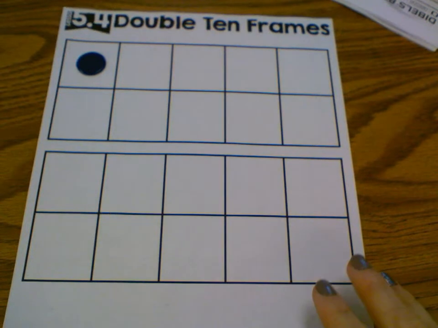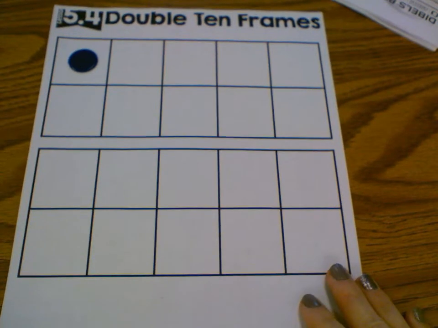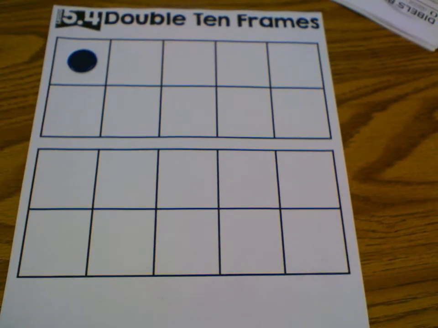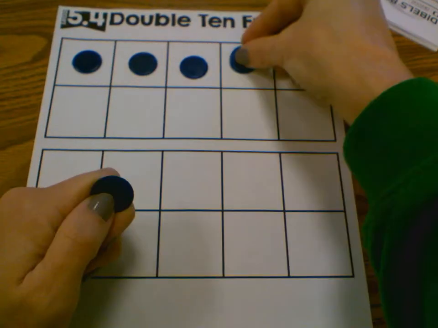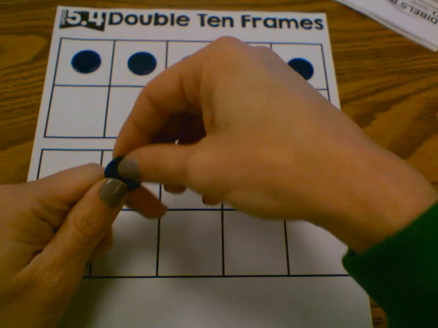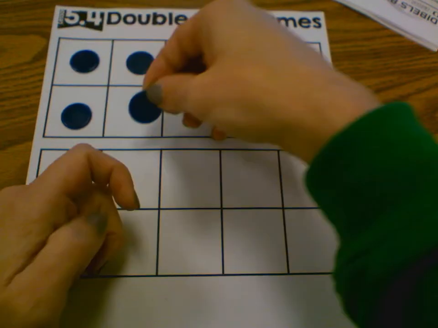Okay. So I'm going to fill this top 10 frame to show you the number 10. So we have 1, 2, 3, 4, 5, 6, 7, 8, 9, 10.